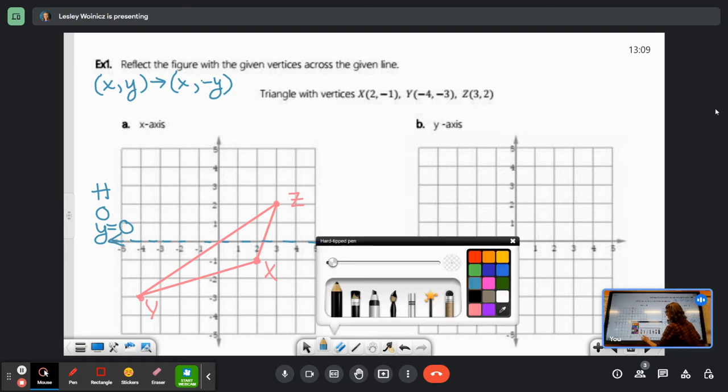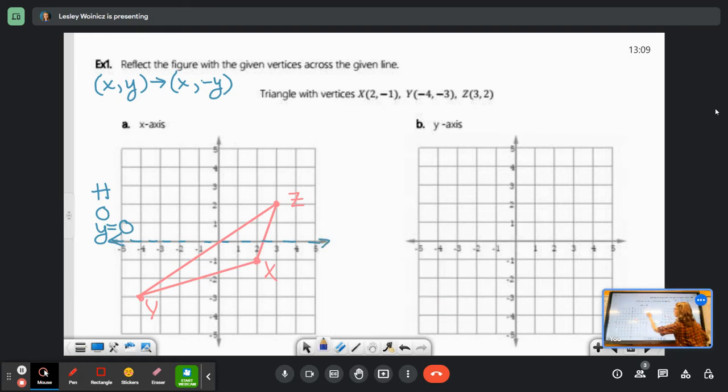So my triangle is going to change to keep the x coordinate and change the sign on the y. So negative 1 turns positive 1. That's for X prime. For Y prime, I'm going to keep the negative 4, change the sign on the negative 3.